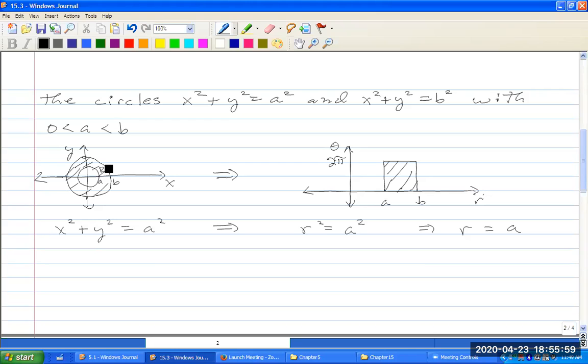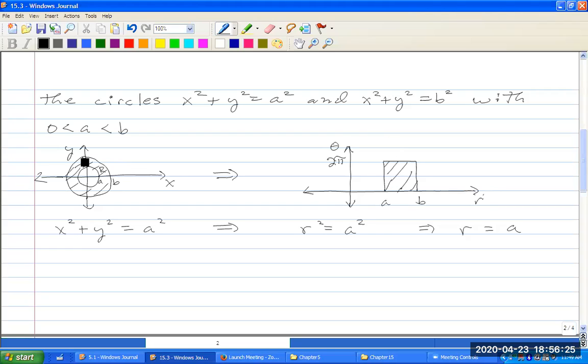So this boundary here can be described by this line. Notice that here we're only going around the circle once, so my angle just goes from 0 to 2 pi.